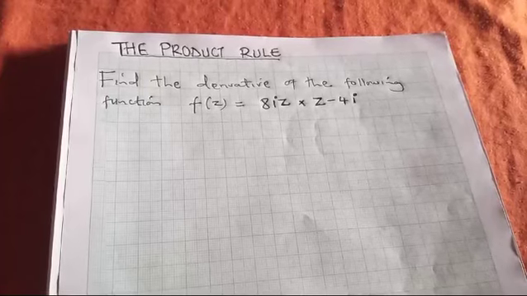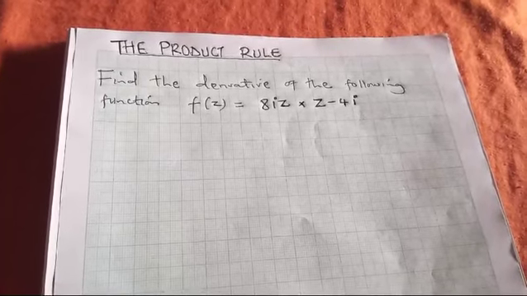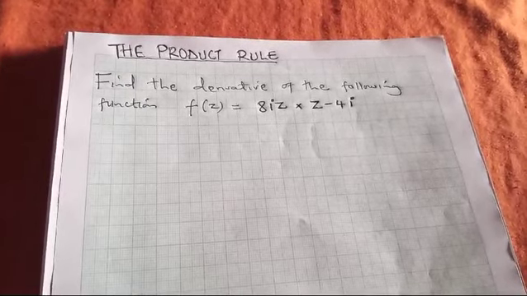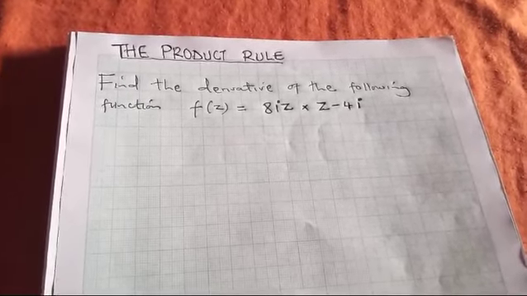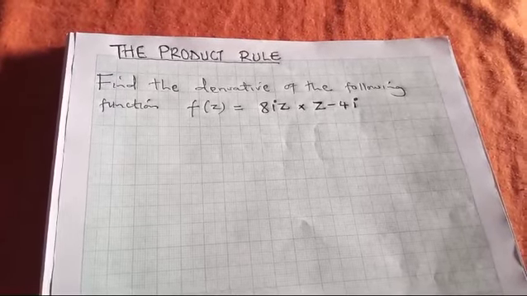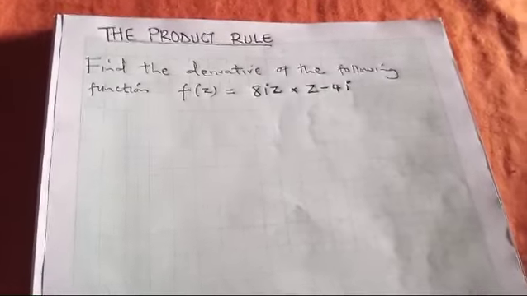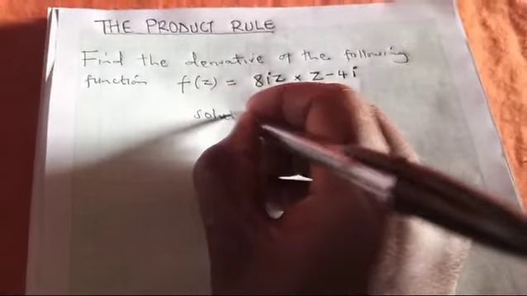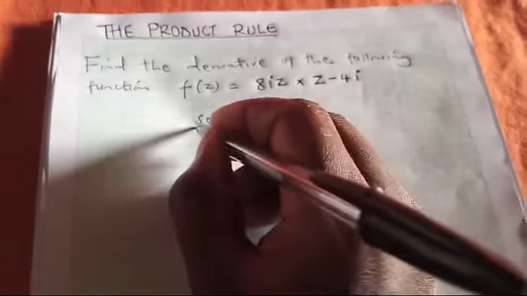So we have two parts. We have the first part being 8iz, and the second part which is z minus 4i. So those are the two parts that we have in this function. We want to see how the product rule of differentiation works.